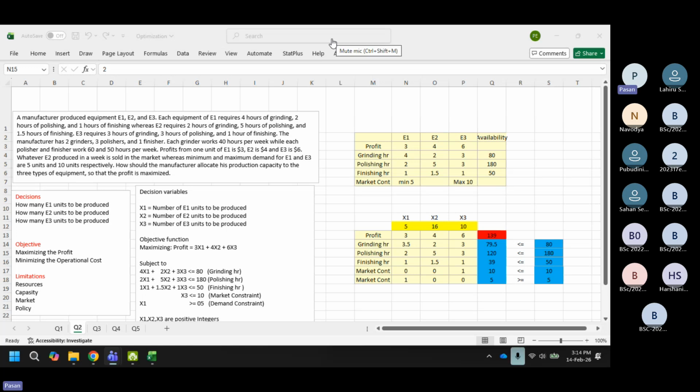Okay, so before moving on to the next question, any doubts regarding this calculation, or are you guys okay with this particular calculation? Any other constraint or any other question or anything that you have?